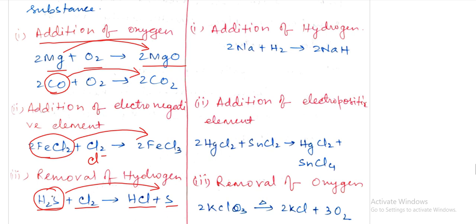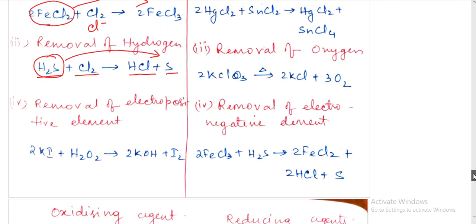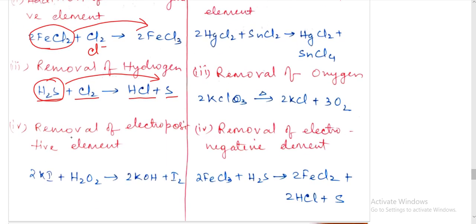Next is removal of an electropositive element. If an electropositive element is removed, it is still called oxidation. Here see potassium iodide, in which potassium ion and iodide ion are there. Out of that it forms iodine, that means from potassium iodide, potassium is removed. Now potassium is an electropositive element.